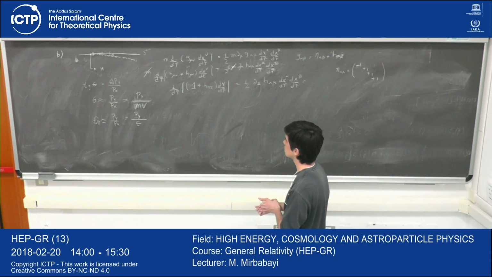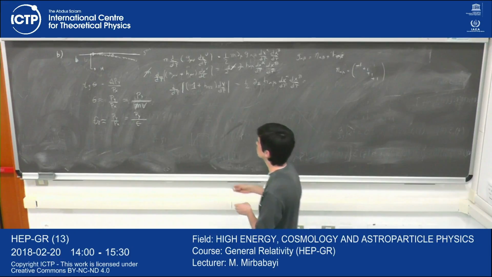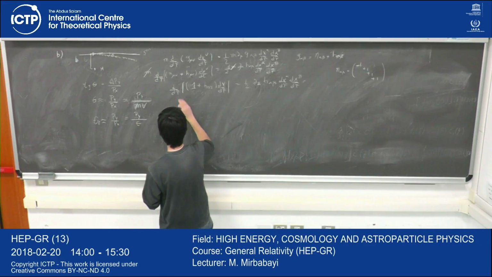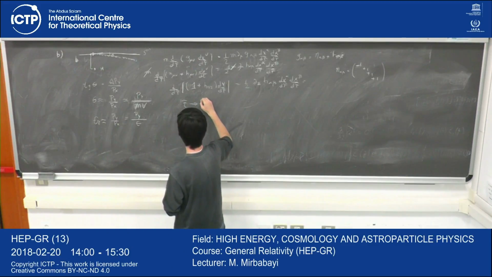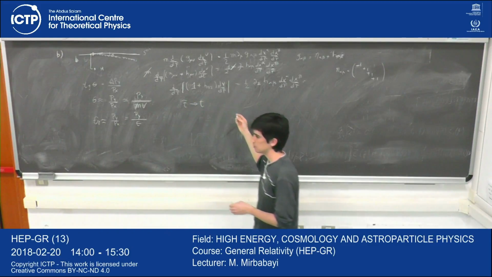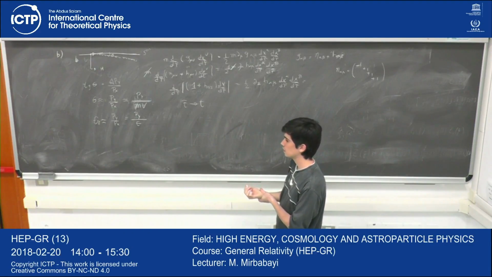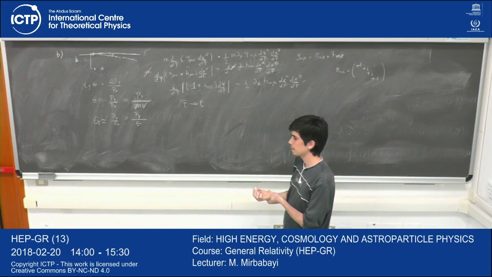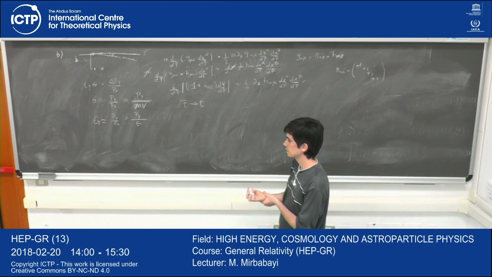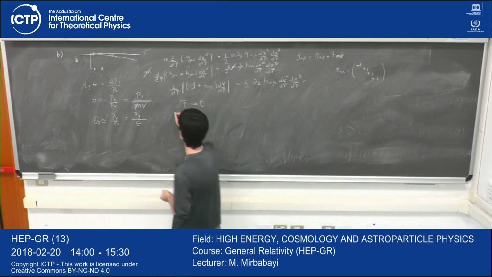In that case, I can interchange the proper time for the particle and the time in the non-relativistic limit. Okay, so that falls on the zeroth order of this equation. Yeah. So, what else?